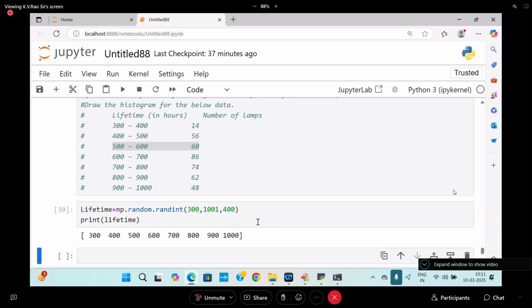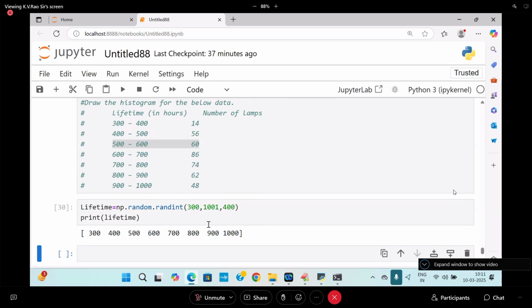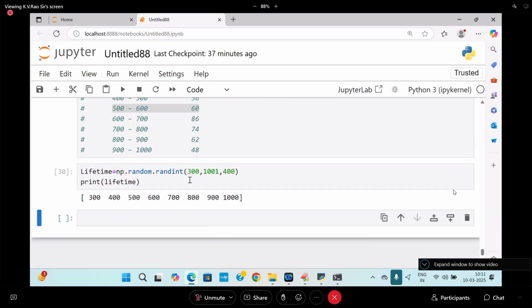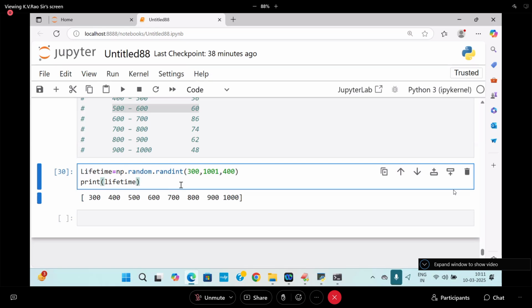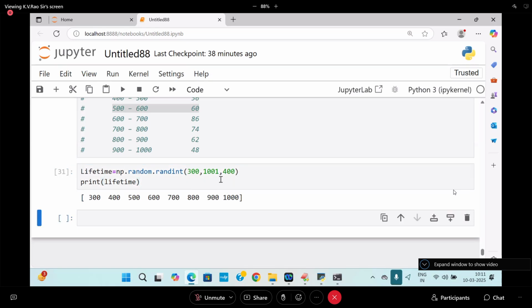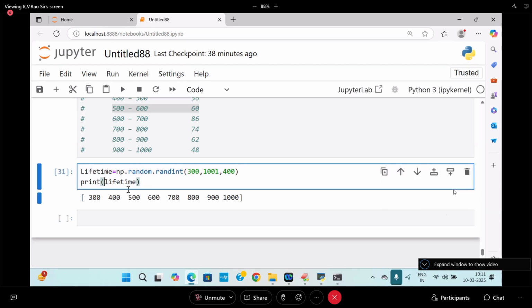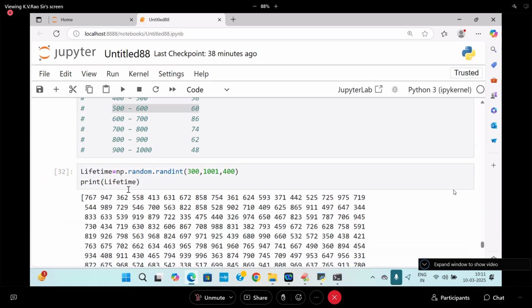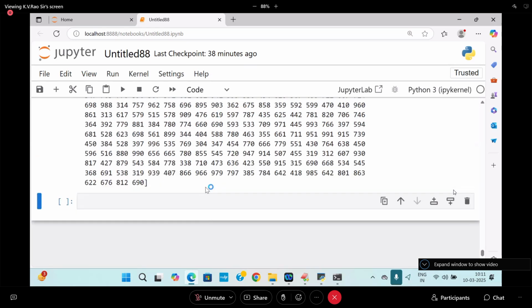So what happens? 300 to 1000. What values are coming? Only four values. L capital, yes, that's perfect. These many values are coming.